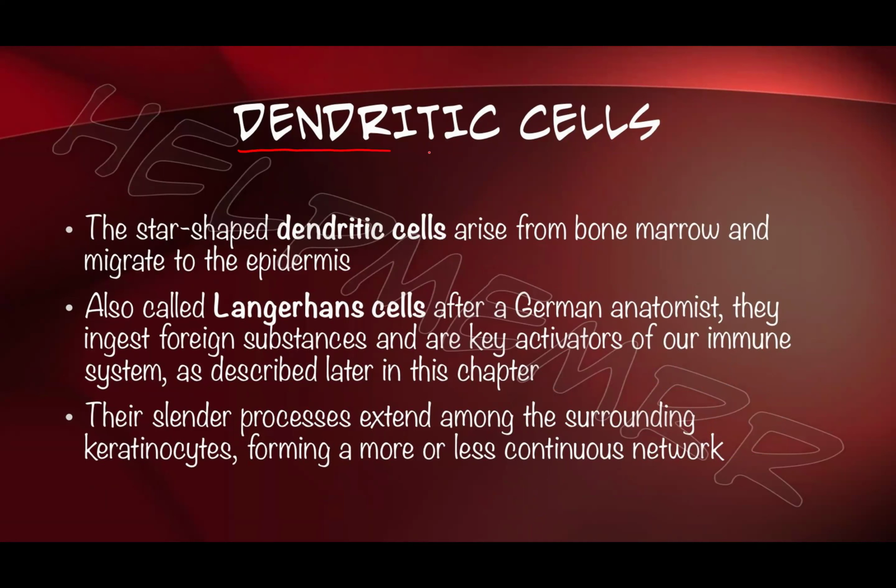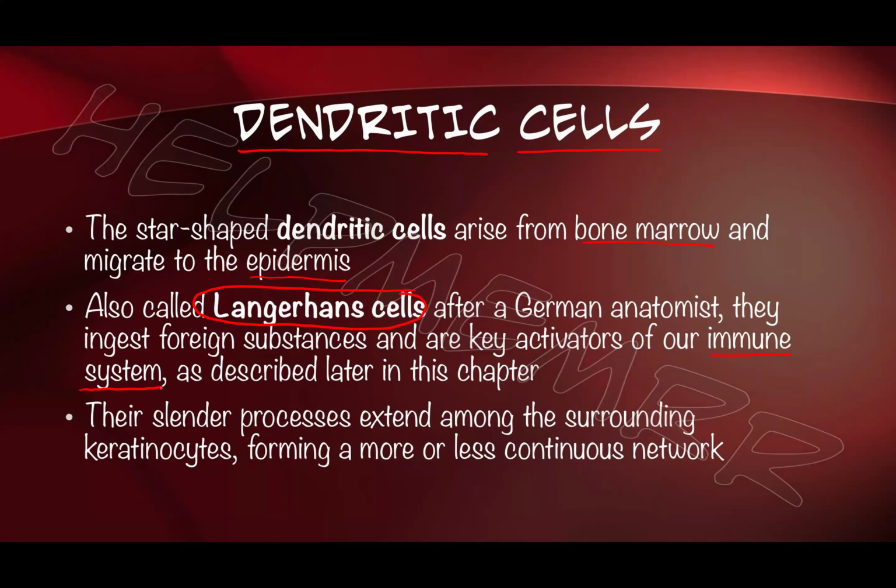Then we have our dendritic cells. These are going to come from bone marrow and go to the epidermis. The Langerhans cells, named after the German anatomist who found them, are going to help us with our immune response.